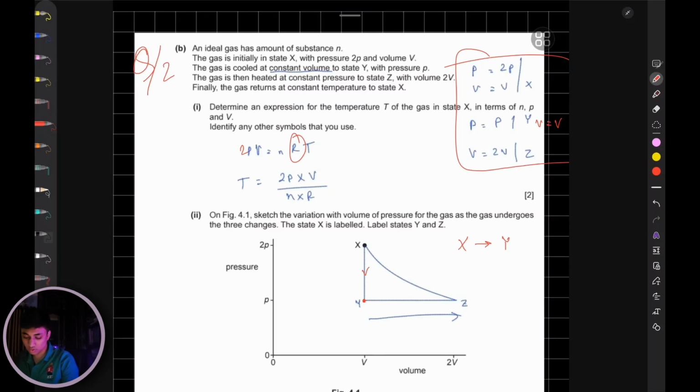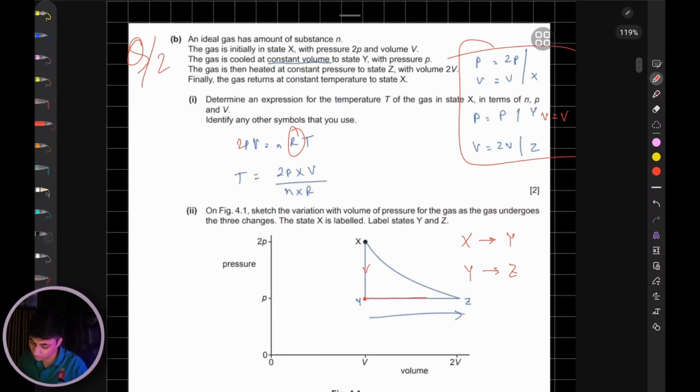Now next, let's look at what's going to happen from Y to Z. Great. So from Y to Z, the gas is then heated at constant pressure to state Z with volume 2V. Therefore, your Y value is going to be constant because the pressure is constant.